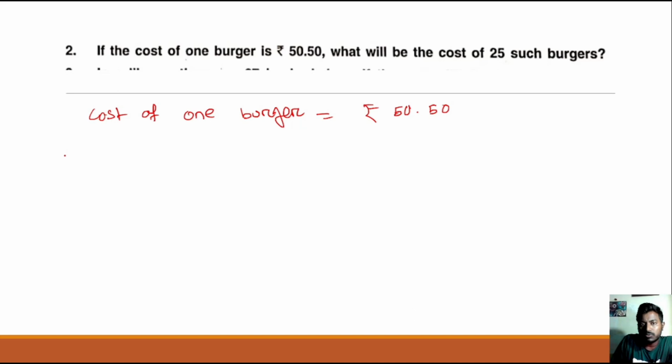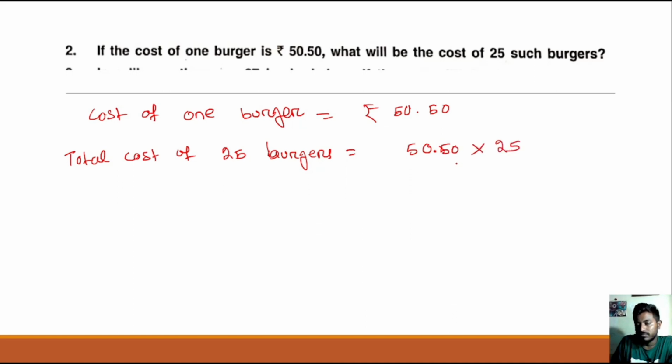Then write down the total cost of 25 burgers is equal to 50.50 into 25. Now multiply. 25 times 0 is 0, 25 times 5 is 125, so 125, that is 25 carry 1.